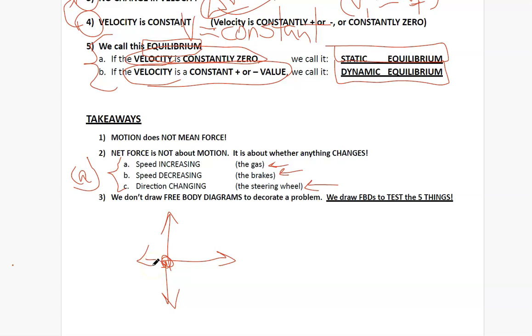We don't draw these to just decorate the problem. We draw these to test the 5 things all or nothing rule. We ask, do these cancel out? Is there an acceleration in the horizontal direction? Do these cancel out? Is there an acceleration in the vertical direction? And we look at the horizontal direction and the vertical direction separately because it makes our analysis easier.